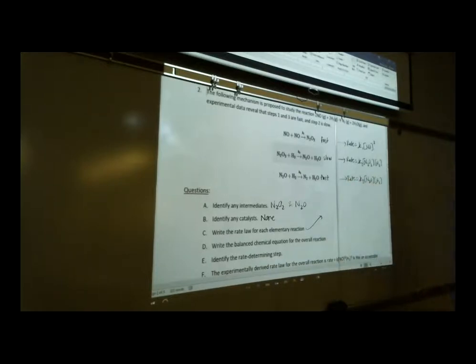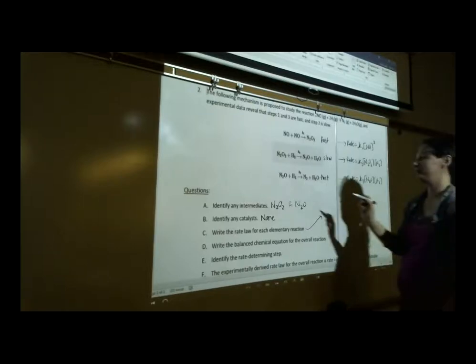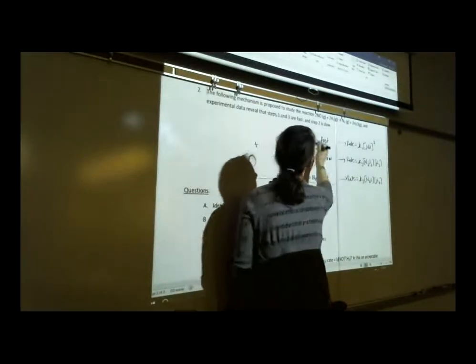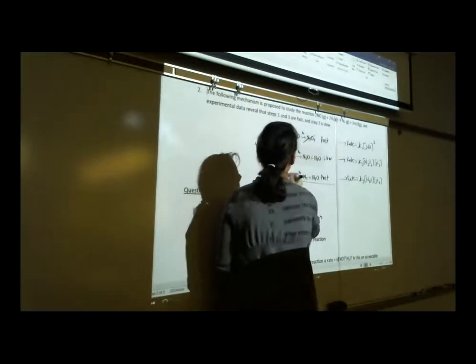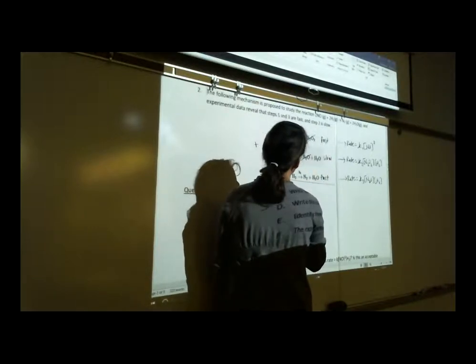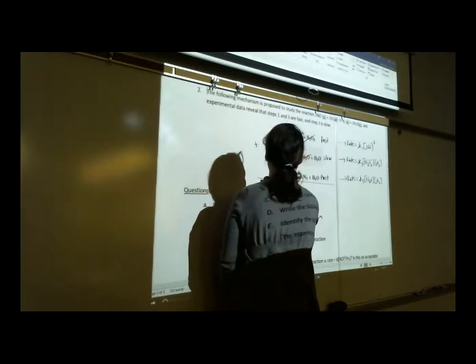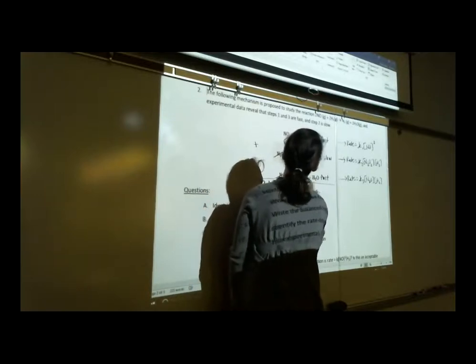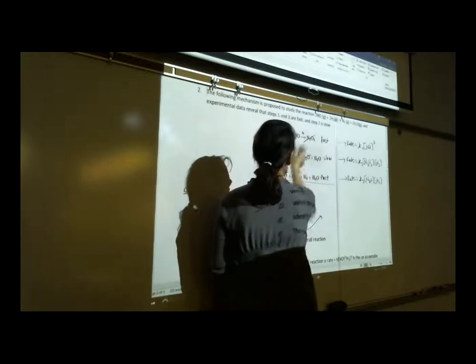All right, so just look up there. For the balanced equation, let's add it up. When we add these things together, N2O2 goes away, N2O goes away. Anything else we can reduce? I don't think so. 2NO plus 2H2, right? Because those can be combined. Those can be combined.